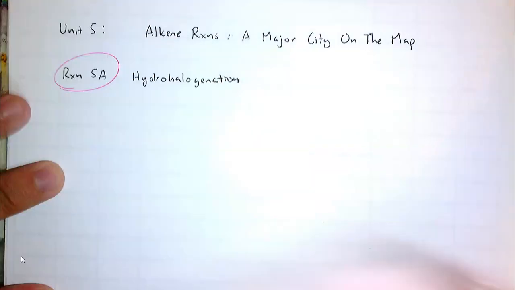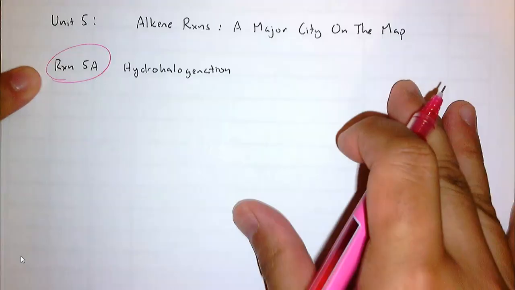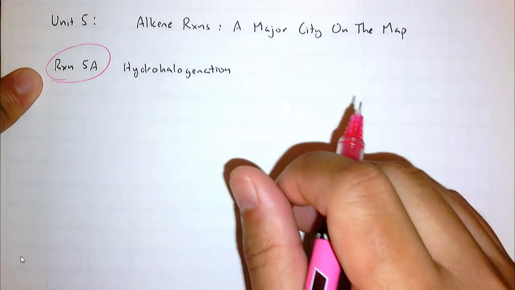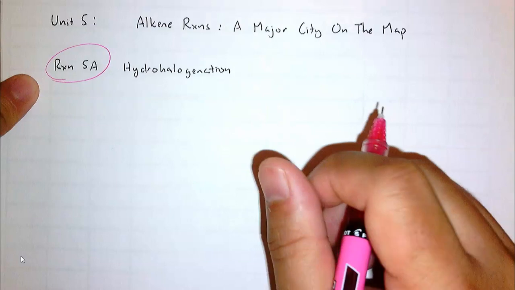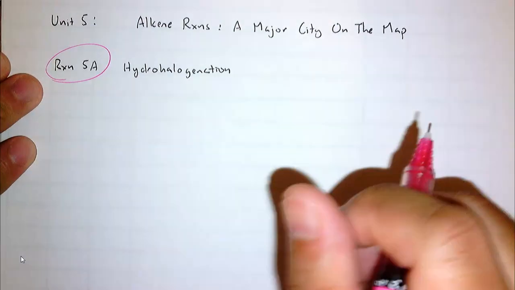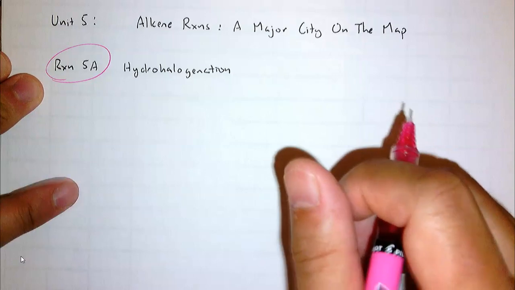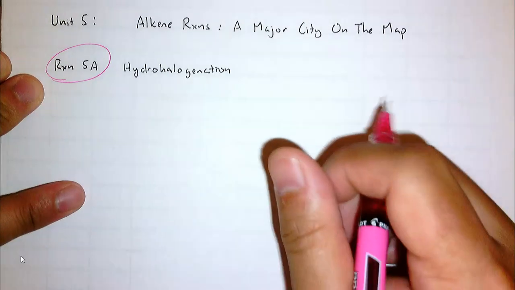This is good to know because if you need to refer to it, like you're doing your practice problems, you can say, well, Jose, I was having trouble with anti-Markovnikov hydration.